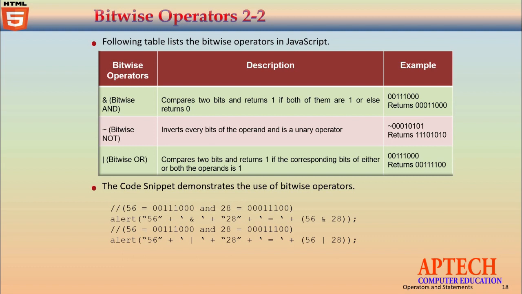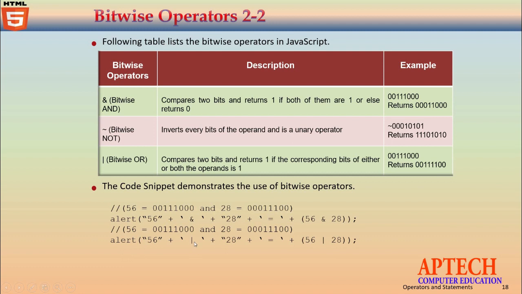So we just assume 0 means false, and 1 is true. So you can say, just for example, 0 and 0, both are false, that means false. 1 and 1, both are true, that means true. So it is comparing like that.